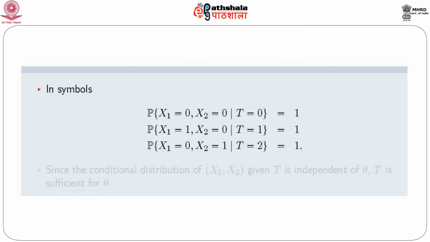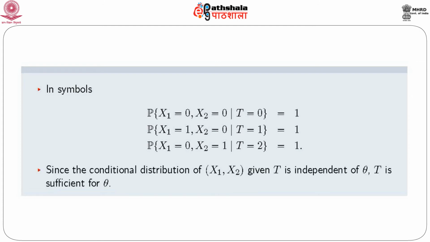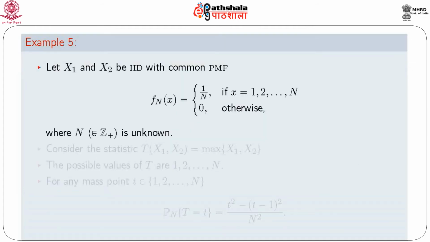And probability X1 equals 0, X2 equals 1, given T equals 2 is equal to 1. Since the conditional distribution of X1, X2 given T is independent of the unknown parameter theta, here T is sufficient for theta. We proceed to our next example.